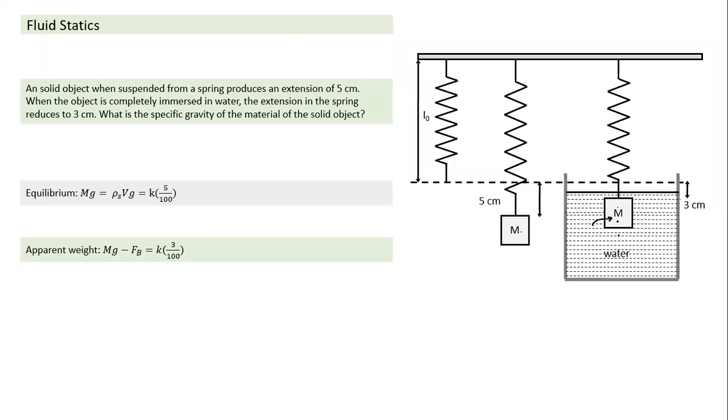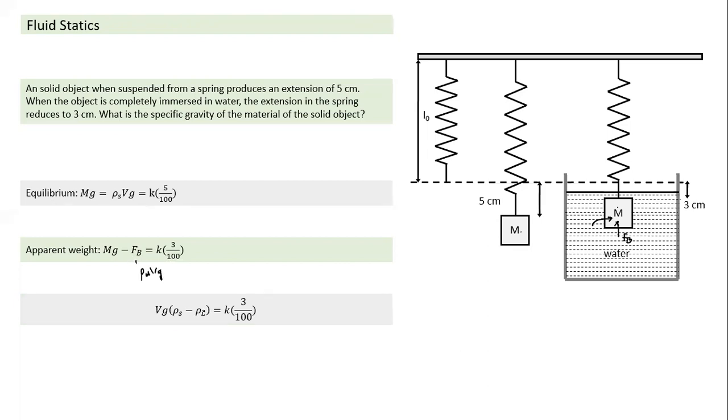But the moment you submerge inside liquid or water, force of buoyancy starts acting. So to the extent the force of buoyancy acts, the apparent weight gets reduced. So the apparent weight of an object submerged in a liquid is mg minus force of buoyancy, and that becomes equal to k into extension. Now we write in simple terms. So what is FB equal to? FB is equal to rho W Vg.